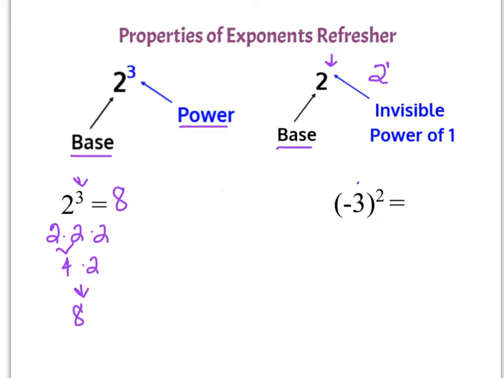Just because it is a negative doesn't mean our answer is going to be negative, because if I do -3 times -3, a negative times a negative is a positive, so this means -3, that whole negative number, to the second power is 9. Make sure at any point you pause the video and write down important information, steps, and work so that you have it all on your paper to refer to.